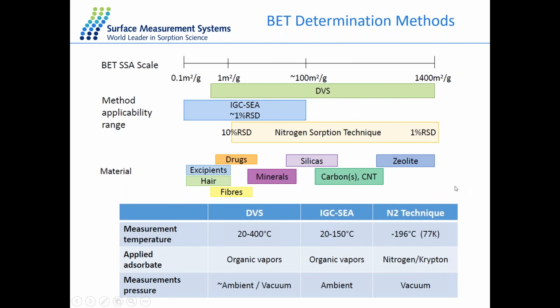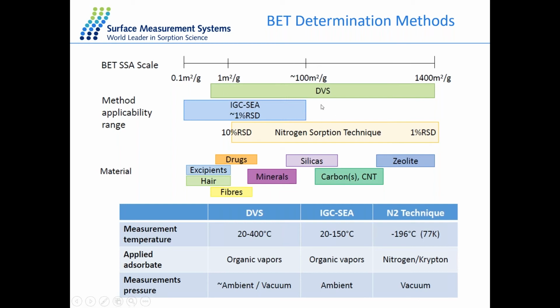One of the things that we can do with IGC SEA is the BET determination. Like Misha went through with the DVS, we can measure the BET surface area using the DVS technique. This would be in the range of 1 meter squared to up to about 1400 meters squared per gram, and this is quite similar to the nitrogen adsorption technique.